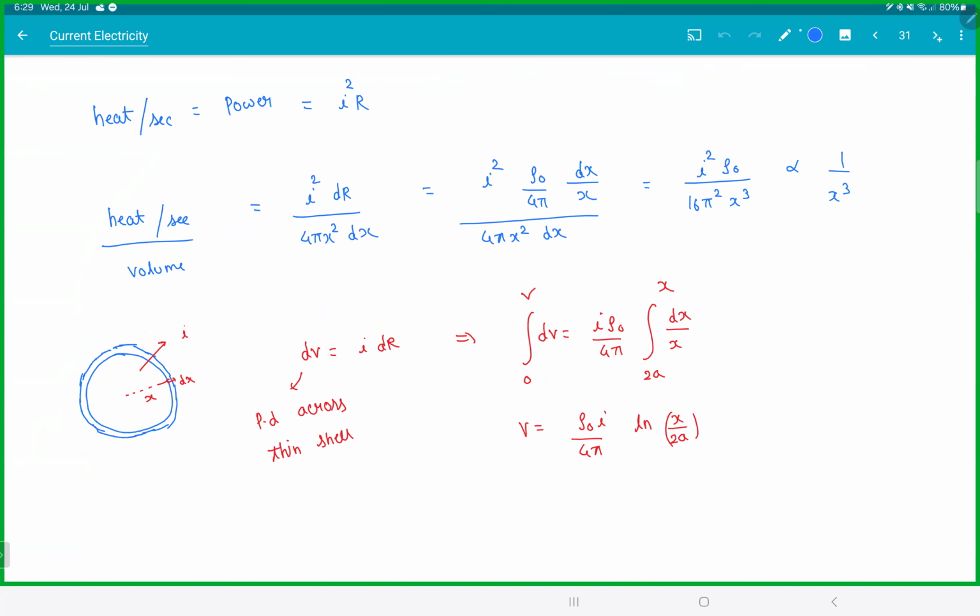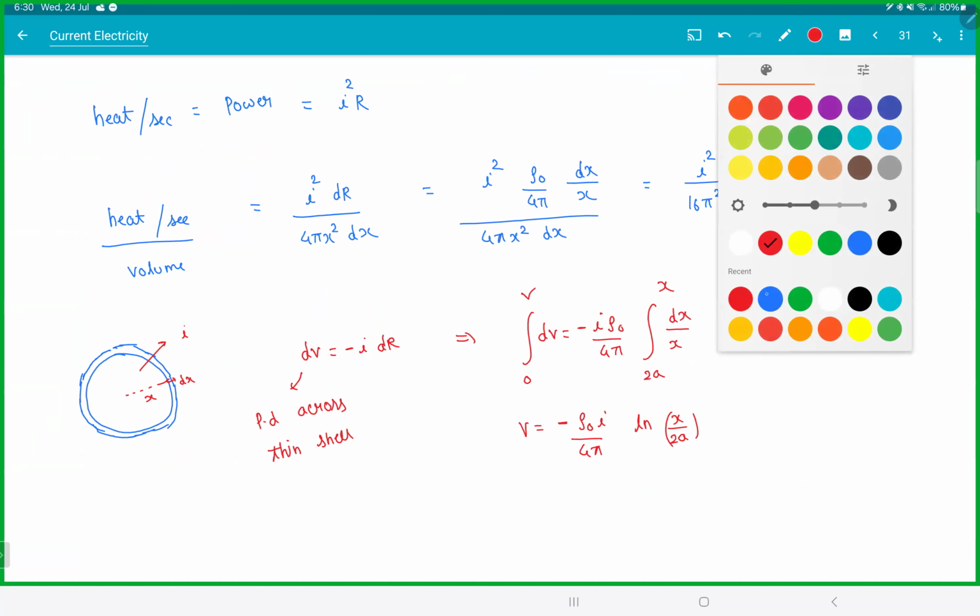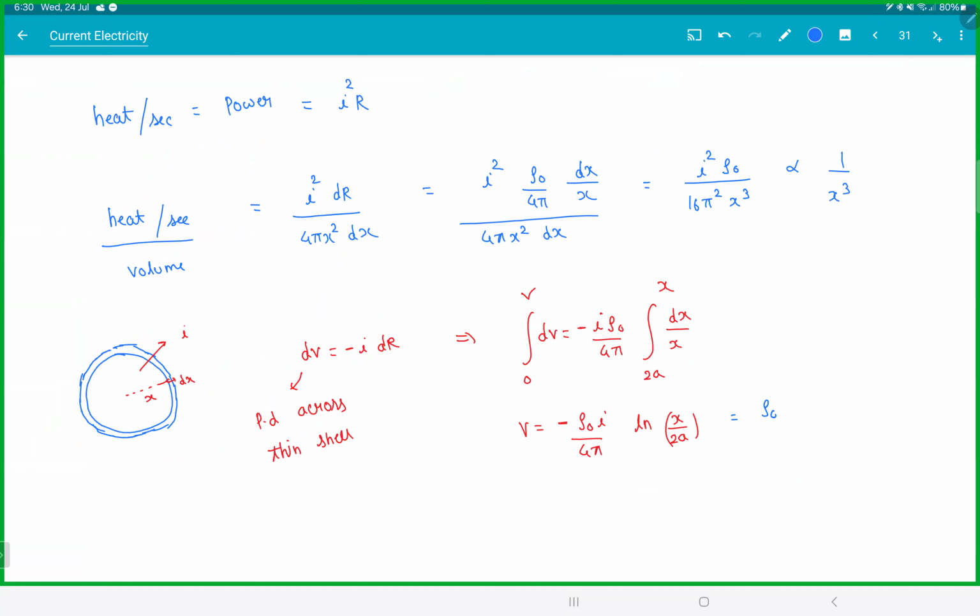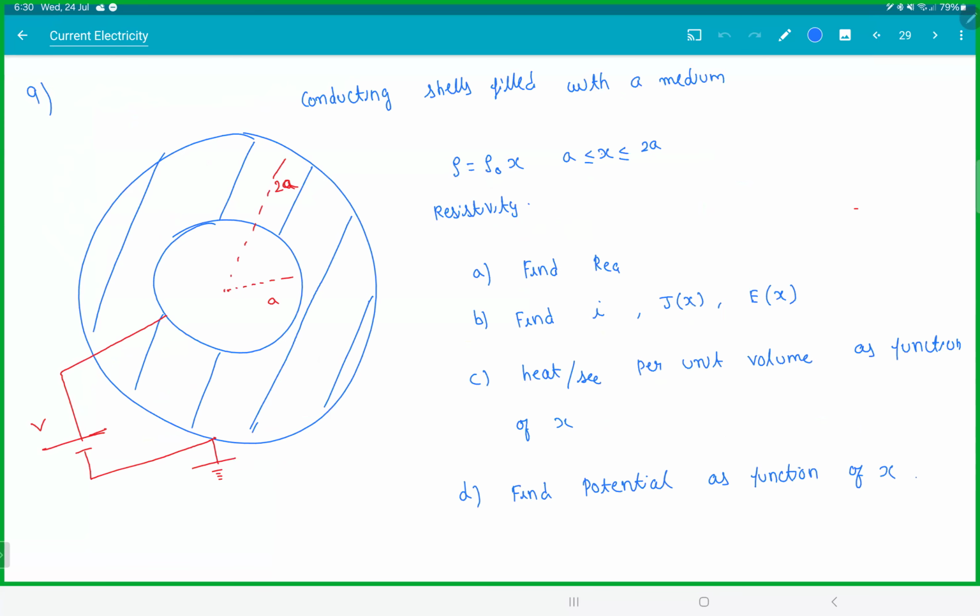Yes, he's right, because it is decreasing. It's rho naught by 4 pi ln 2a by x. Anyway, 2A is really greater than x, but okay. Potential drop, it is decreasing, so minus.